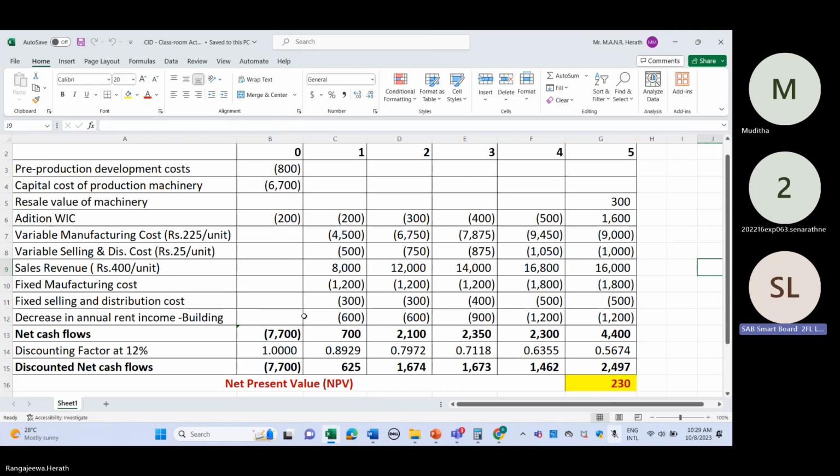Presentation and report: make a report, an individual report. You can take it as a group presentation with PowerPoint. The individual report, that's okay.